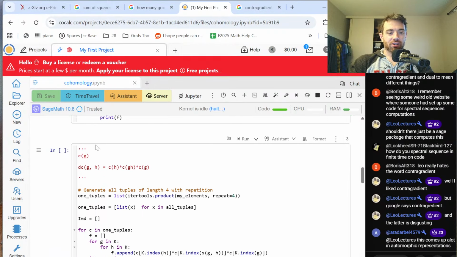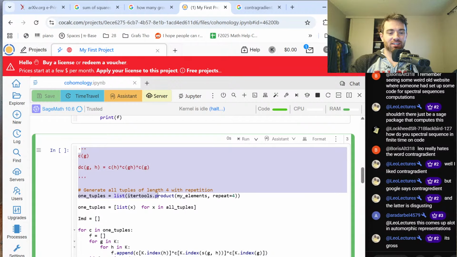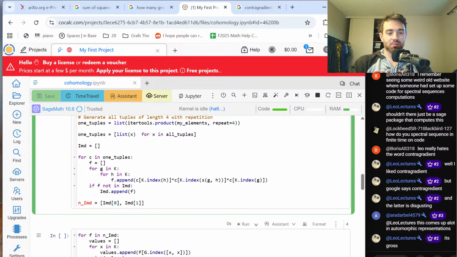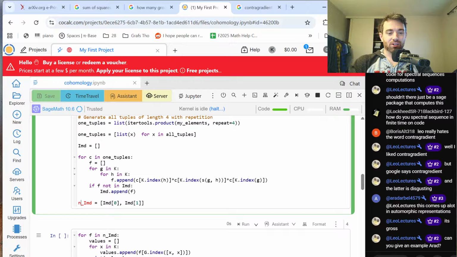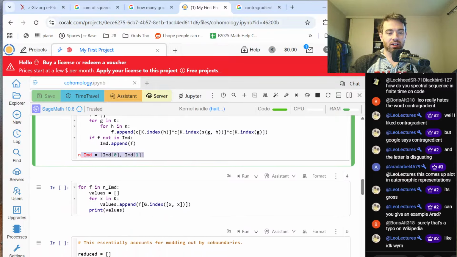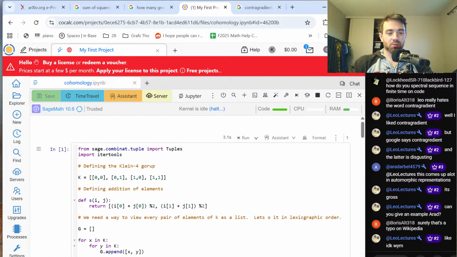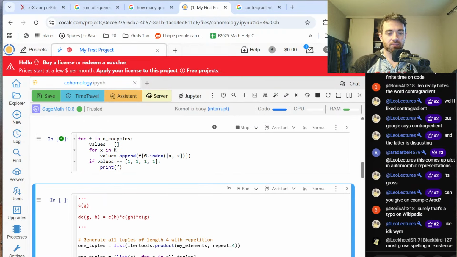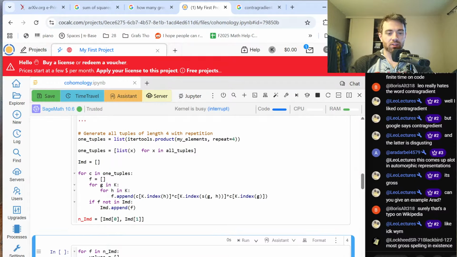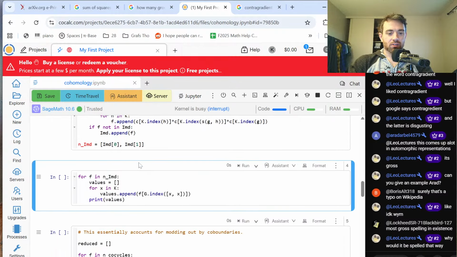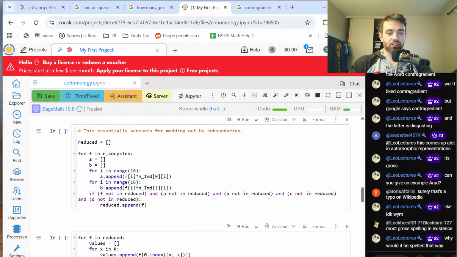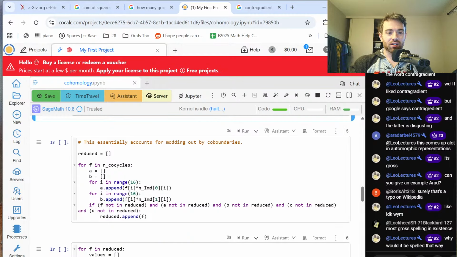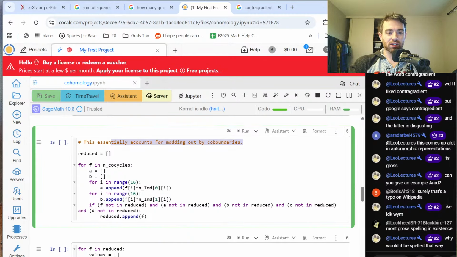Yeah, so look, you can see I defined even things to be the right. So I programmed the normalized image. Oh, a bunch of code didn't even run. There we go. Right, and so I have here, you can see what this code is doing. It accounts for modding out by the co-boundaries.